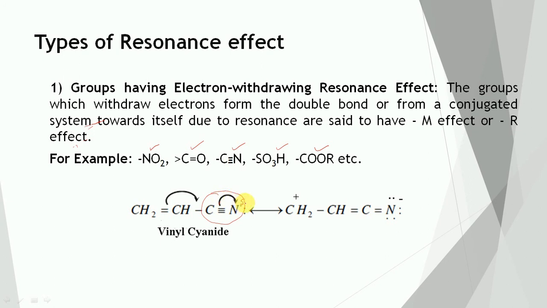This carbon will acquire a positive charge. So finally, we have this intermediate. So here, the cyanide acts as an electron withdrawing resonance group.